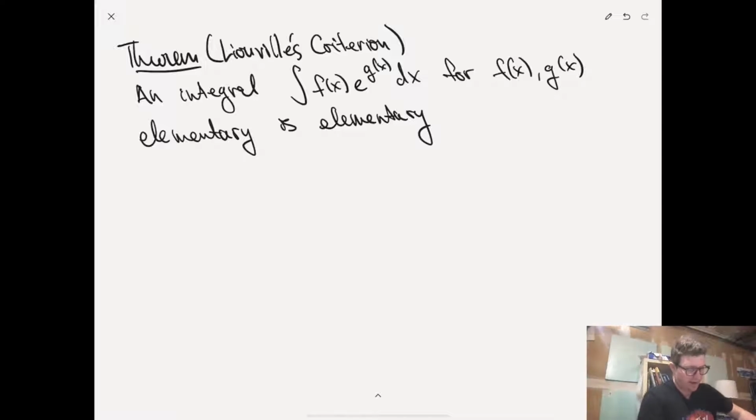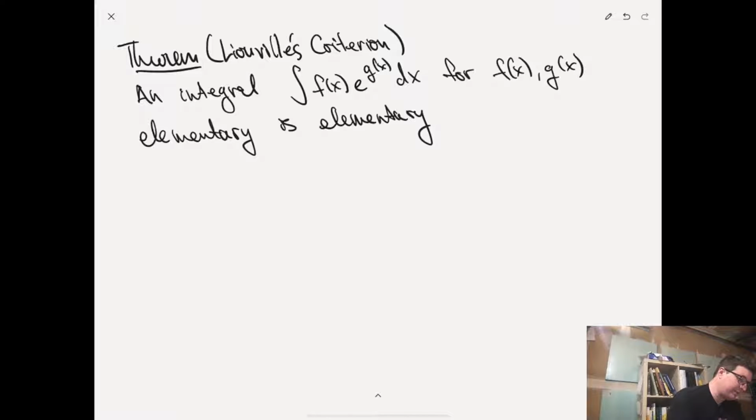Again, I have to define what that means, but it's going to contain sine, cosine, log, exponentials, tangents, algebraic functions, all the basic things, all the things from Calc 2.